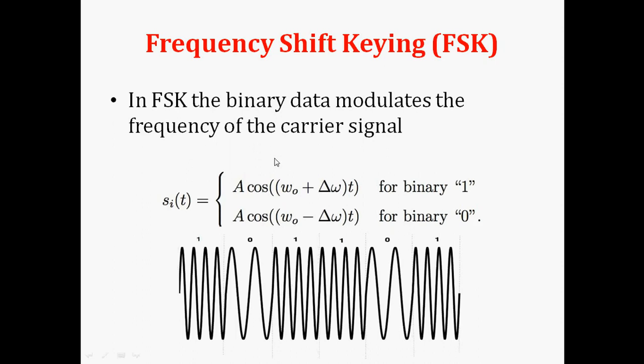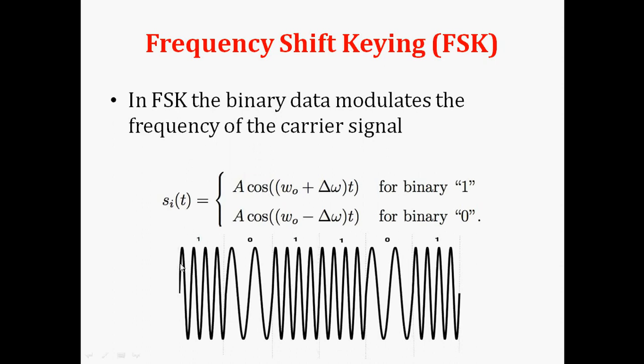Here omega 0 is the radian frequency that we are going to change according to the binary digit that we are transmitting. When we are transmitting 1, delta omega is the frequency change in the signal, and when we are transmitting 0, minus delta omega change will be there in the frequency of the signal.